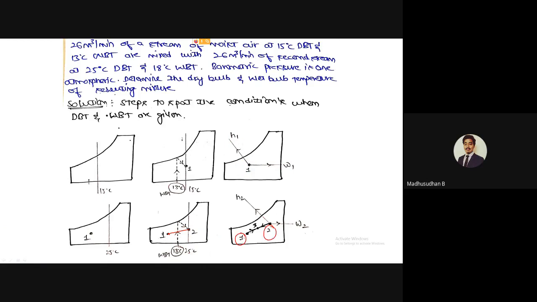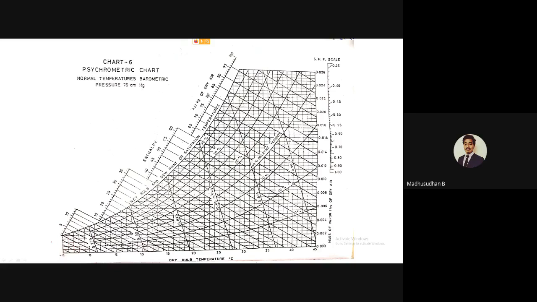We'll now plot the same thing on a psychrometric chart. The first initial condition is 15 degrees Celsius DBT and 13 degrees Celsius WBT. So where is the 15 degrees Celsius line?